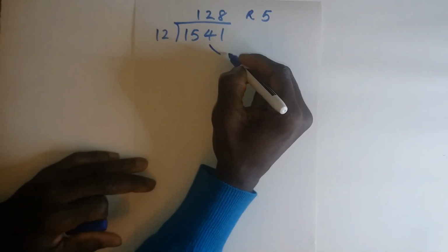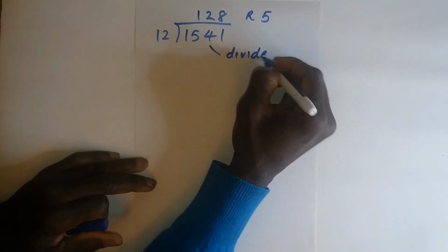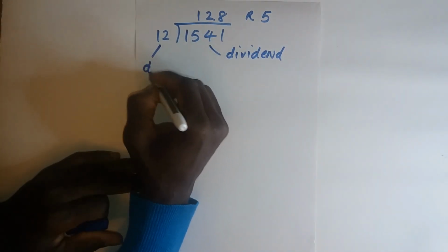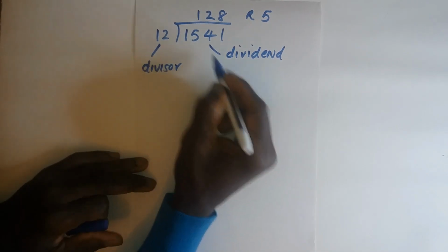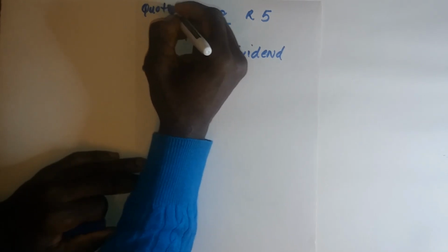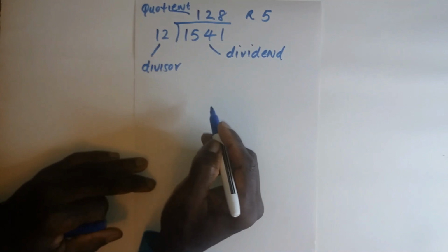Let's remind you of the parts. This is called a dividend. This is called a divisor. And this is called a quotient. And 5 is the remainder.